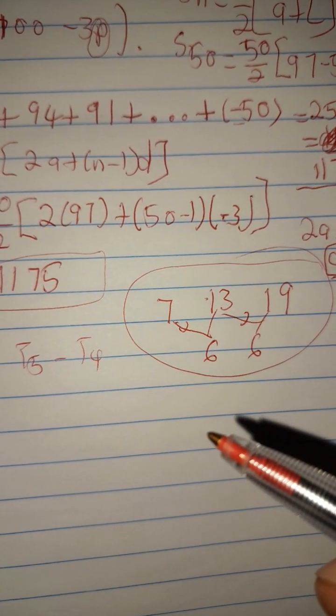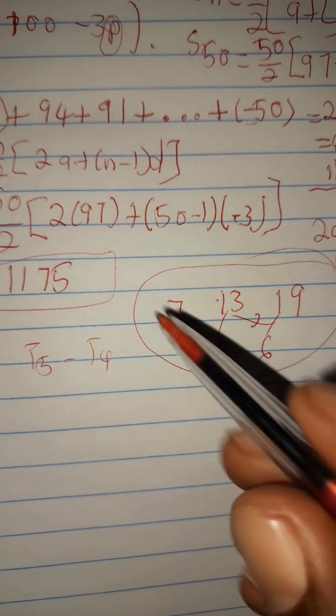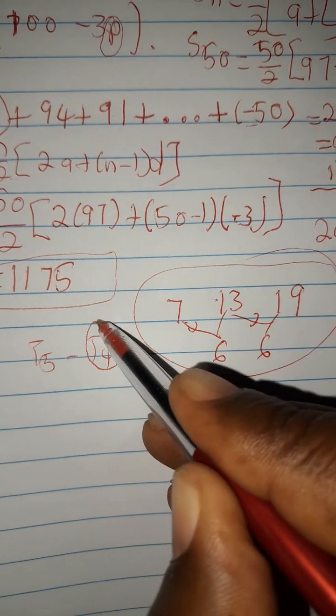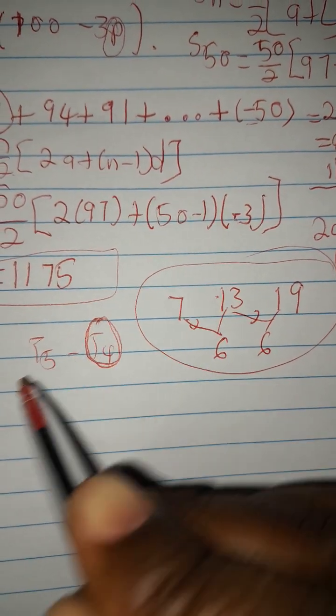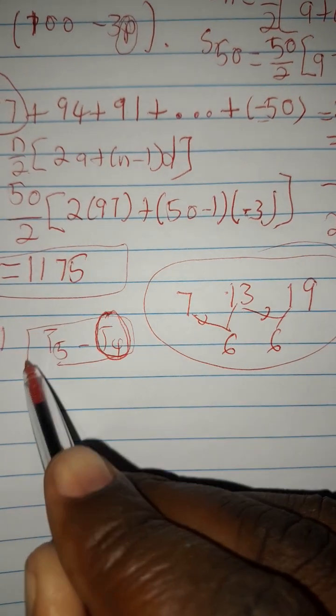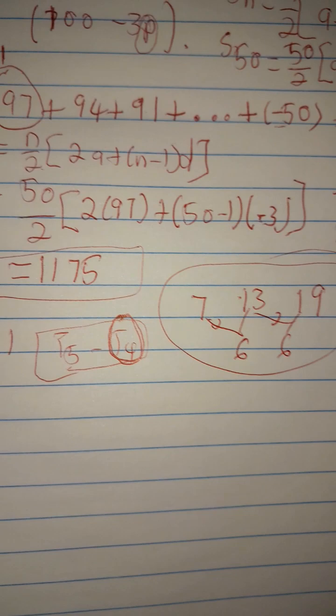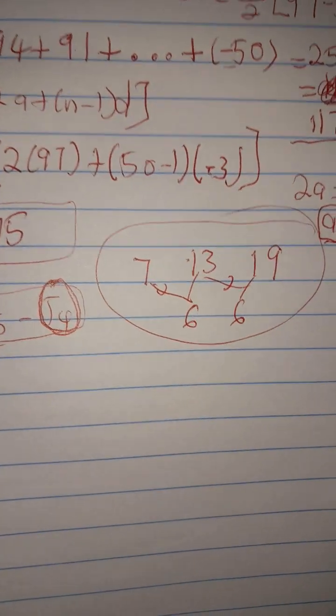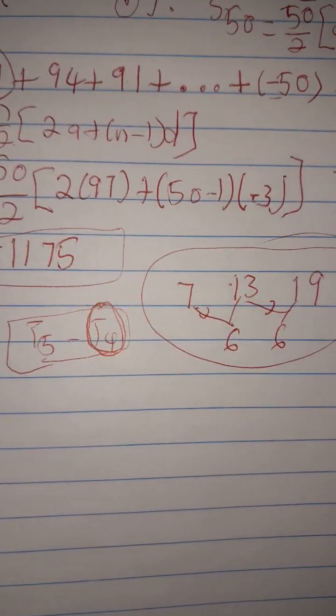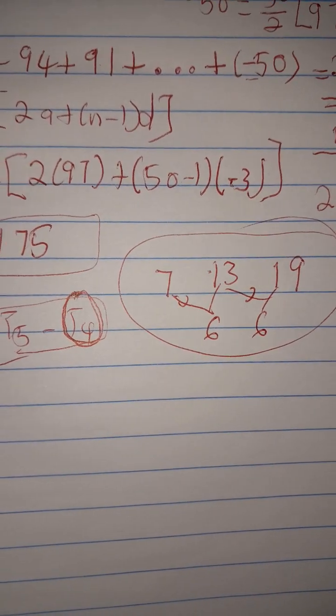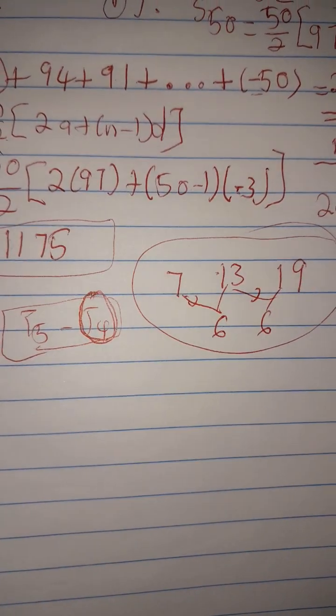So to make life easier, guys, they want us to get T5 minus T4. So in other words, they want us to get T4. That's why they are tricking us, using this way of getting the values. They just say T5. The differences, they are tricking us using that technique.